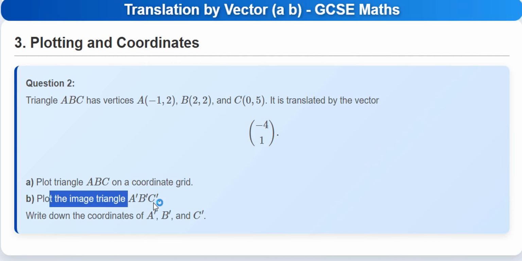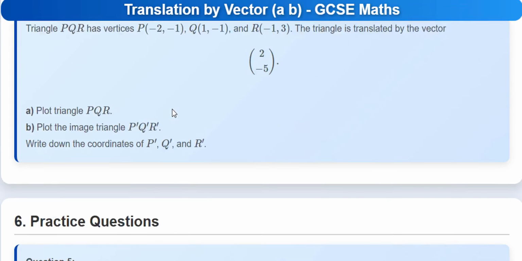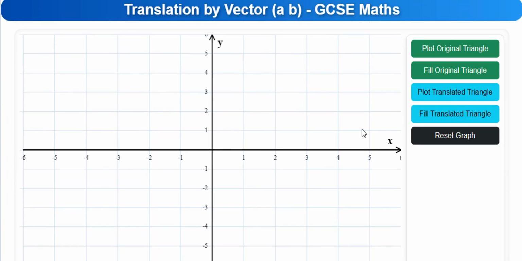Because we have the translated coordinates, what we are remaining with is just plotting the original triangle, and then we can also plot the translated one. So we can start with the original triangle, where we have the coordinates as -1, 2. So we come to our Cartesian plane, and we start with -1, 2.